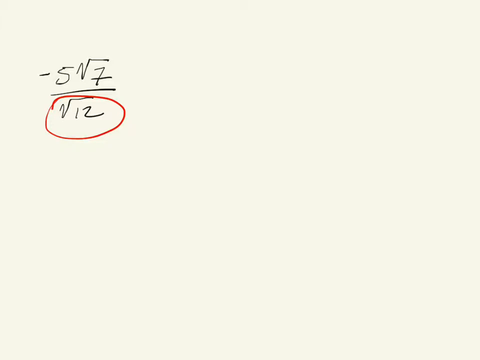So what we can do is multiply this times the root of 3, as long as you do it to the top, times the root of 3. You can do anything at the bottom as long as you do it at the top. It doesn't change its value, it just changes what it looks like.